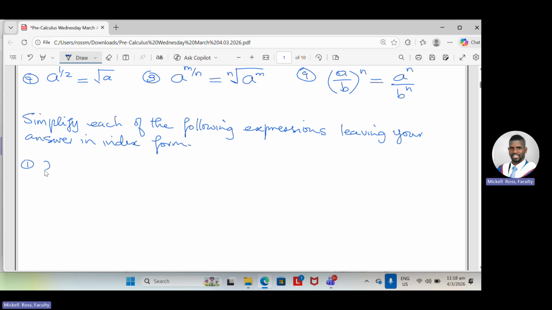Question 1. So we have 2 cubed times 2 to the 5th times 2 to the 6th. Say we have x to the power of 2.